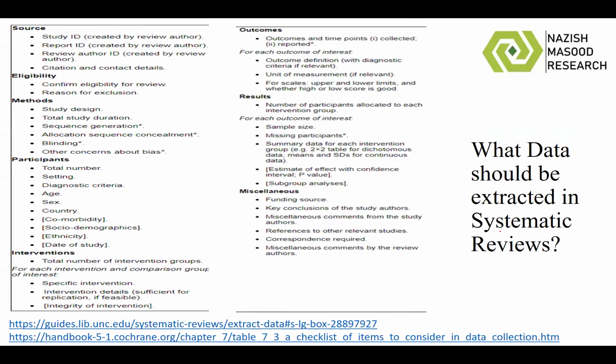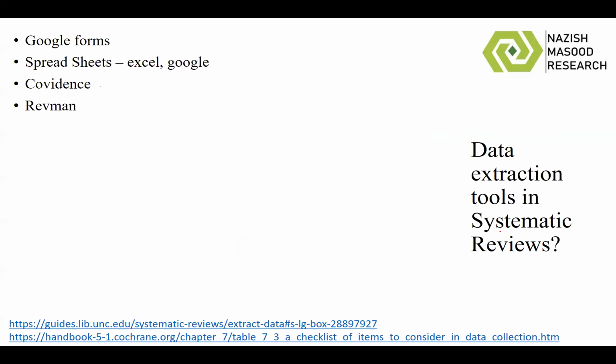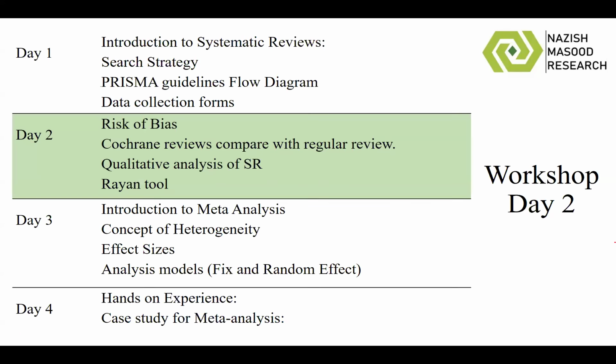We then discussed what should be part of the data extraction form. For this, we used the Cochrane Handbook. And then we discussed how you can use Google Forms, Covidence software, RevMan, spreadsheets.